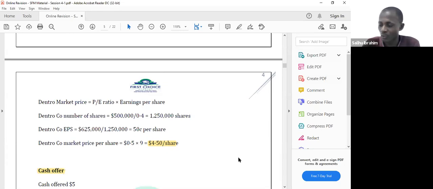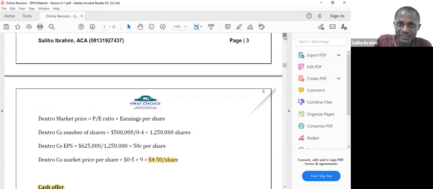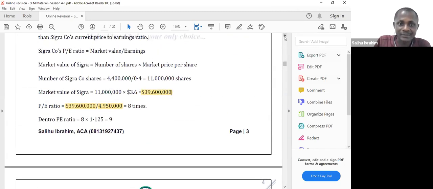So if Dentroco's pre-acquisition market price is 5,625,000, then I will multiply by 0.3 to get the additional benefit, which is 1,687,500. So the total I'm going to add is 1,687,500 plus 5,625,000 plus that of Sigraco, which is 39,600,000. So we have 46,912,500.